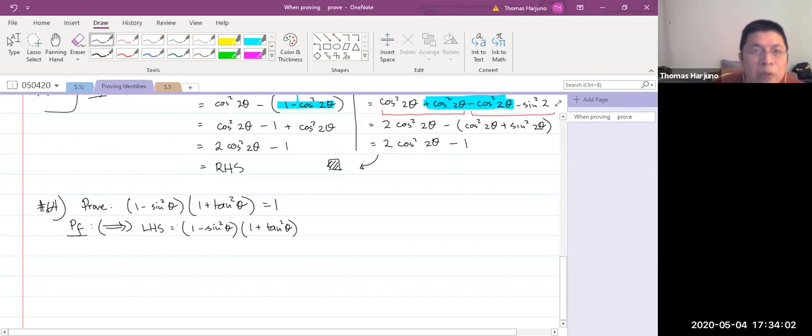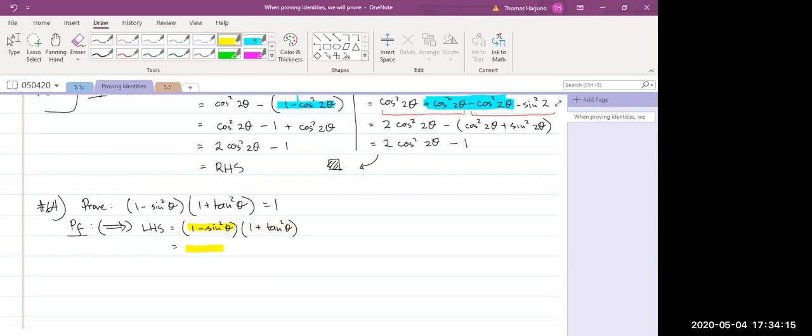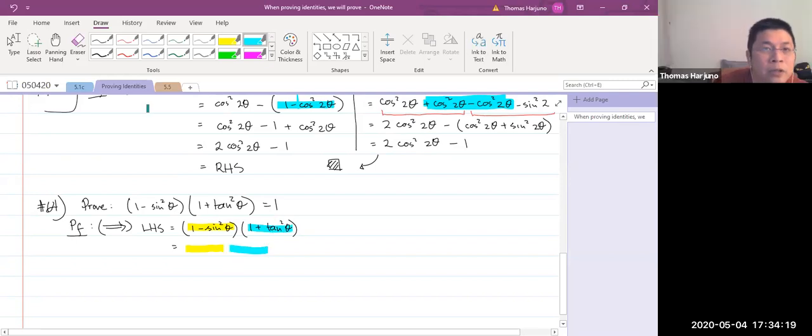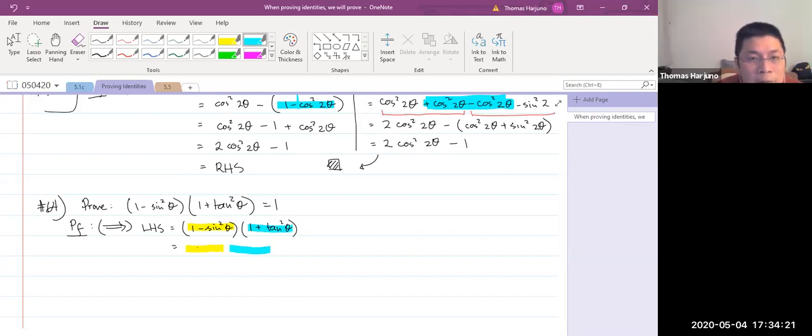But if you happen to know that this guy is equal to what? Cosine squared theta. That's right.